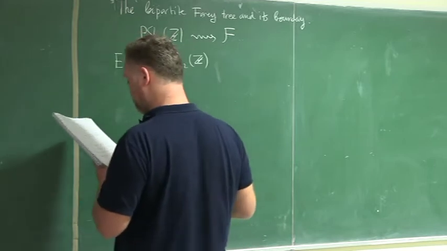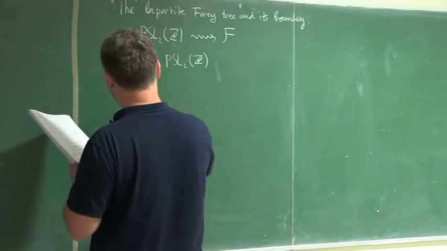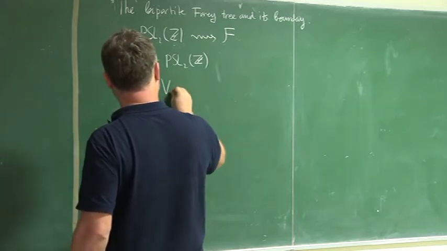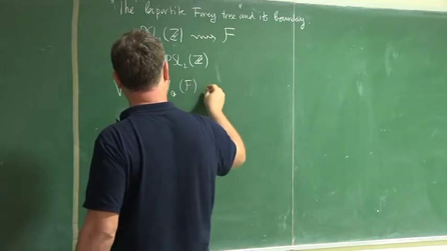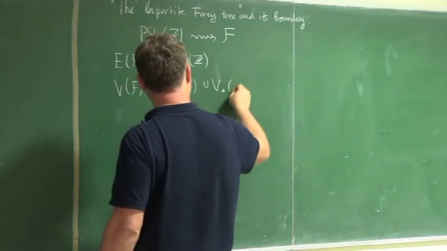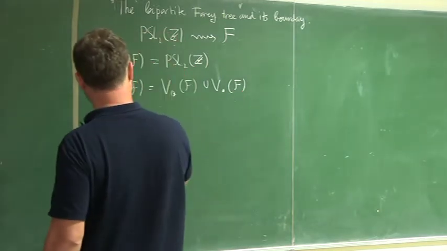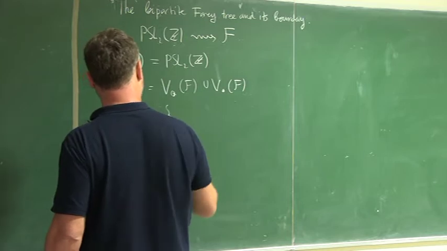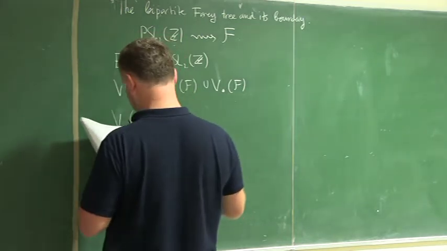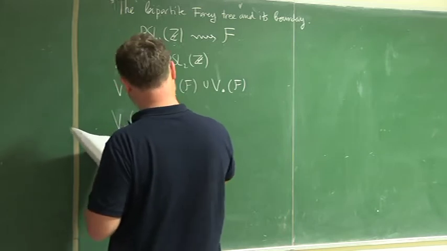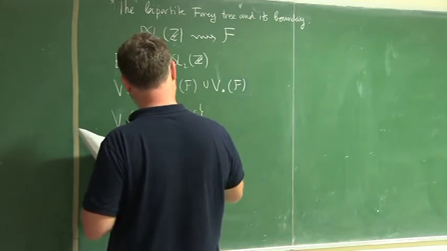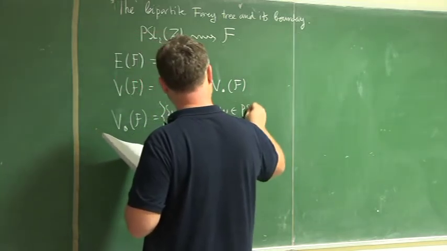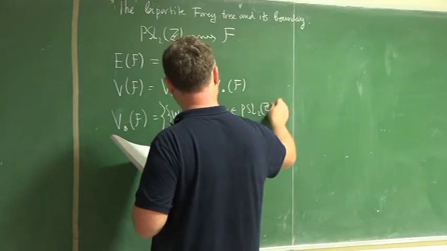Well, for the moment, in fact, it's a graph. And the vertices of F come in two types. Vertices of the first type are sets of pairs {W, WS}, where W is an element of PSL2Z.